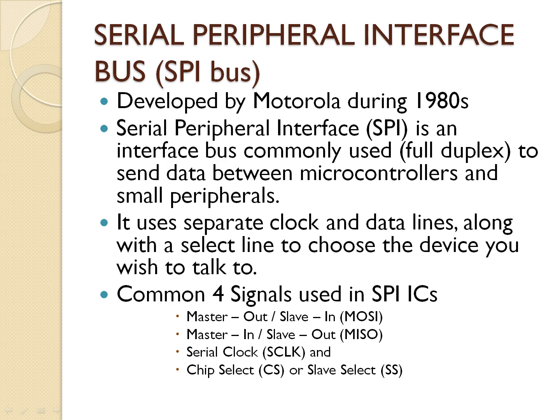So this bus has four common signals, namely MOSI, that is master out slave in, MISO, master in slave out, serial clock, and the chip select, or it can be said as slave select. These four signals are the main common signals for SPI ICs and the SPI bus systems.